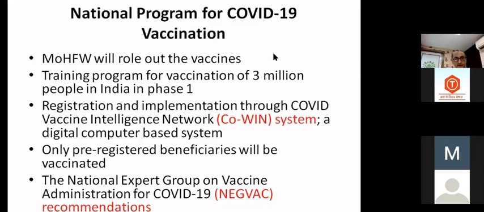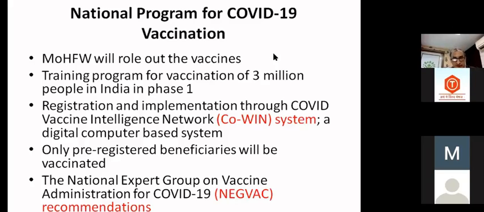A training program has been done for different healthcare individuals, so that about 3 million, I think this should be more than that, about 30 million people will be given the vaccine in phase 1. So there is a registration system. It is not that everybody will get the vaccine.